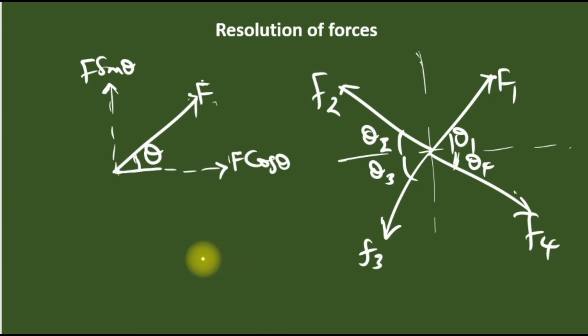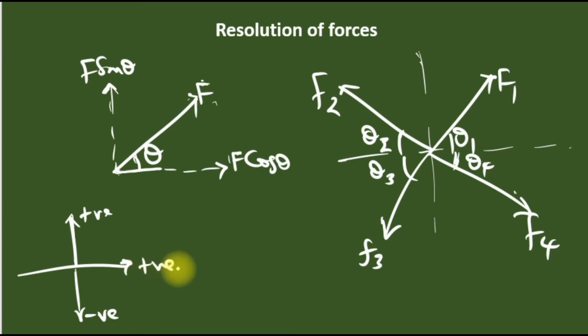And in resolving this, we always believe that vertical up is always positive, down is negative, right is positive, while left is negative. So we have to bear that in mind.